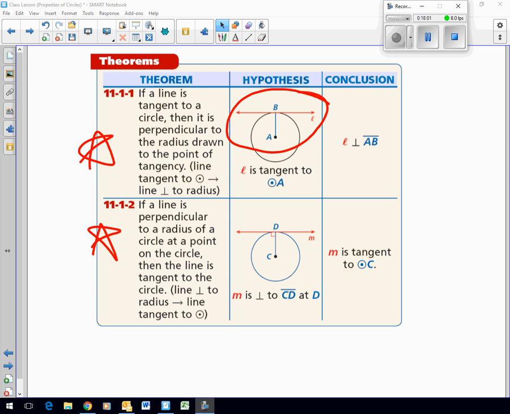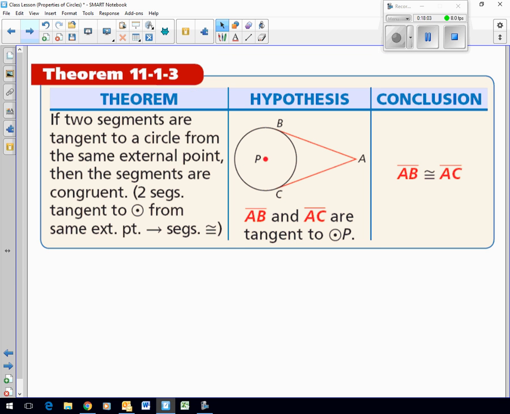One theorem this sets up: if two segments are tangent to a circle from the same external point, then the segments are congruent. External means outside the circle.